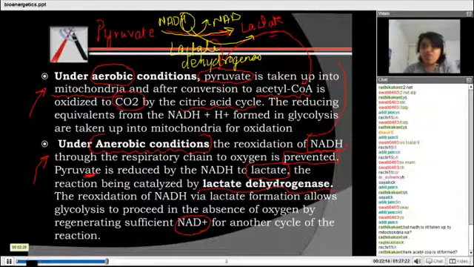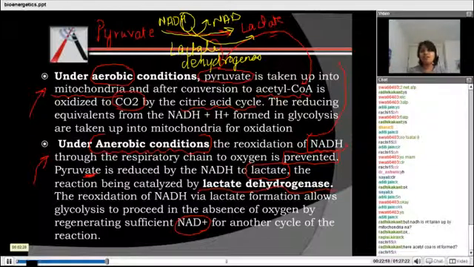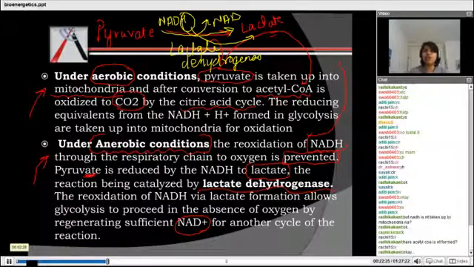The acetyl is not going to the citric acid cycle. No mitochondria role because there is no oxygen. Mitochondria can't work without oxygen. This is an anaerobic metabolism.